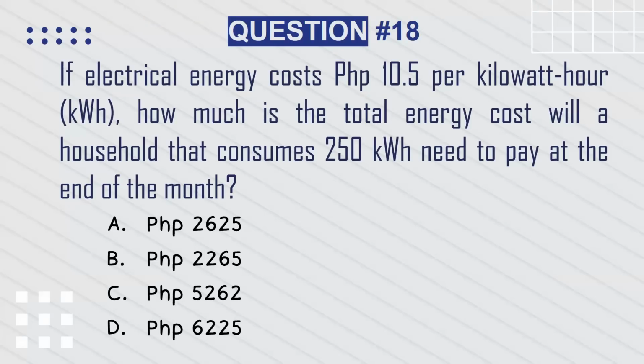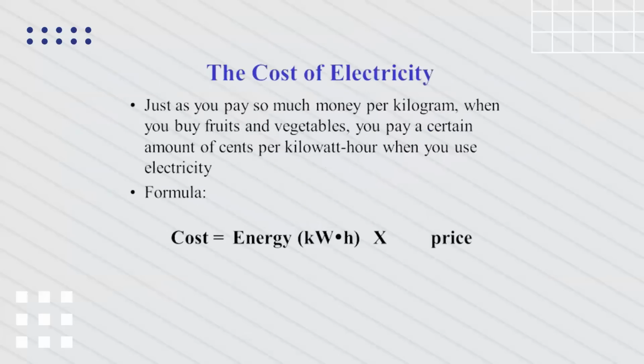So how do we compute for the cost? Okay, the cost of electricity, just as you pay so much money per kilogram when you buy fruits and vegetables, you pay a certain amount of cents or peso per kilowatt hour when you use the electricity. So the formula is simply energy in kilowatt hour times the base price.